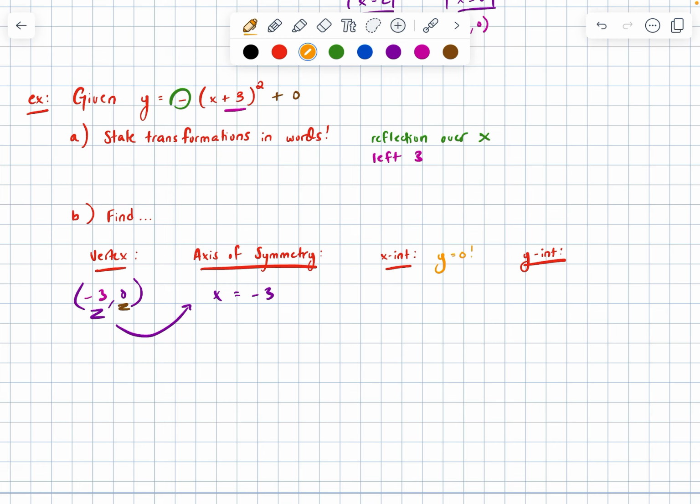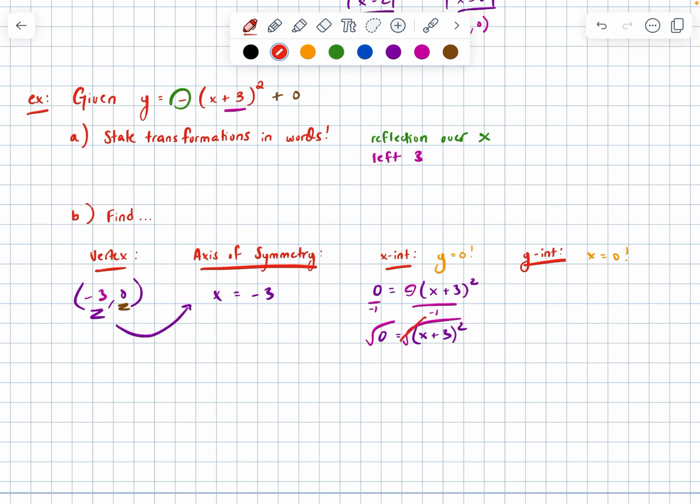To find the x-intercept, again, I plug in 0 for y. To find the y-intercept, again, I plug in 0 for x. Here, starting with that x-intercept, I know that 0 is going to be equal to negative quantity x plus 3 squared. I can start by getting rid of this negative sign by dividing both sides by -1 or multiplying both sides by -1. Here, 0 is going to be equal to x plus 3 quantity squared.